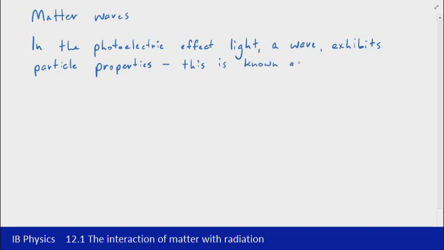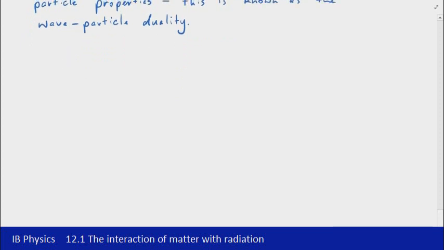Now, the interesting thing about this idea, the wave-particle duality, is that it was developed by looking at light first of all, but in 1924, a scientist by the name of de Broglie looked at that result and said, well, hang on a second, if light, being a wave, has particle properties, perhaps then particles might actually exhibit wave properties.